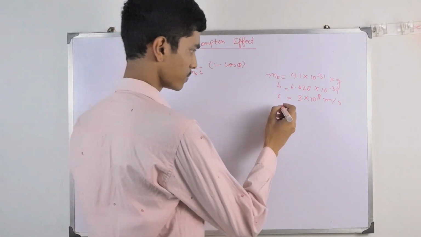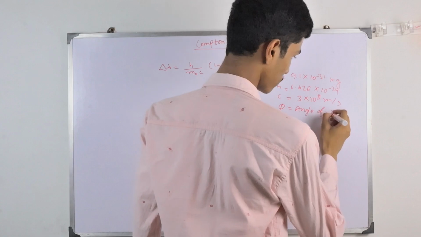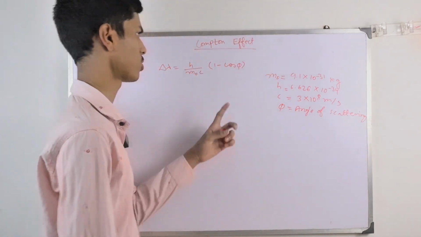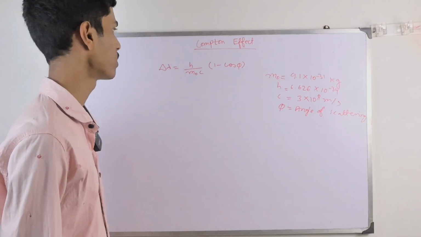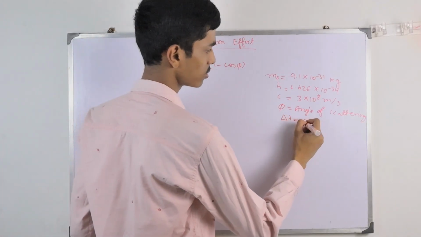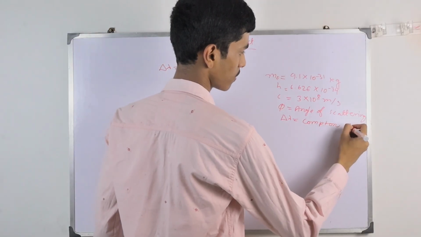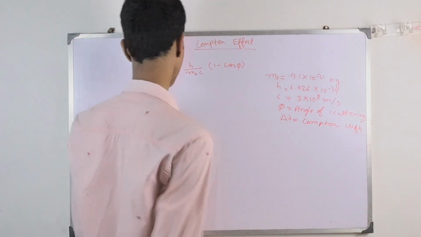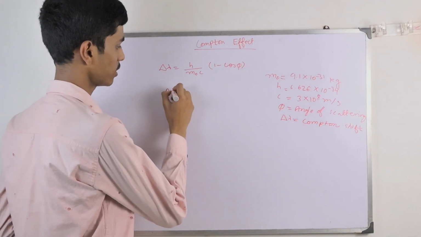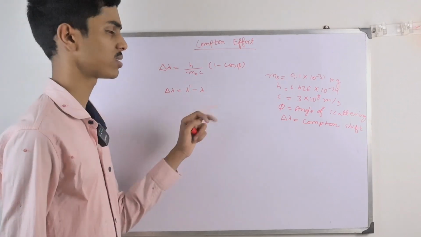Phi is the angle of scattering, and we take the cos of that as cos phi. Del lambda is the Compton shift, which is written as lambda prime minus lambda.